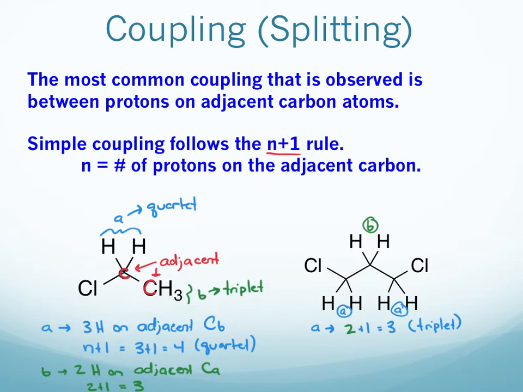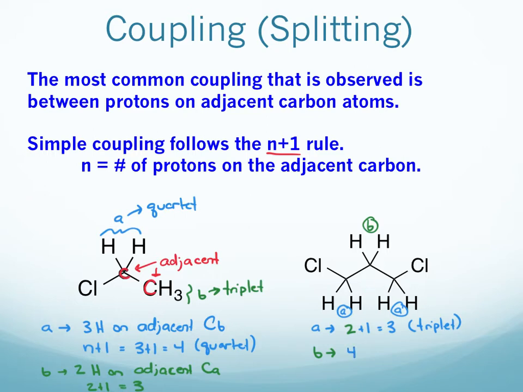If we look at B on the other hand, then on neighboring carbon A, you want to include all of the protons that are around it. So if we look, we have 2 here and 2 here. Even though they're equivalent, that's okay. We're going to count them both. That's 4.